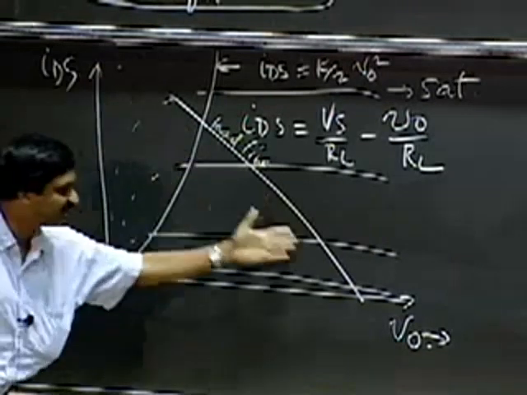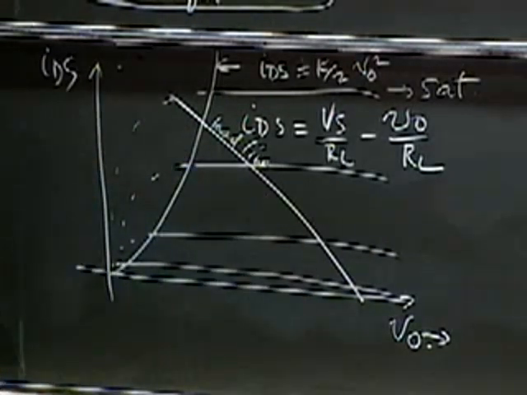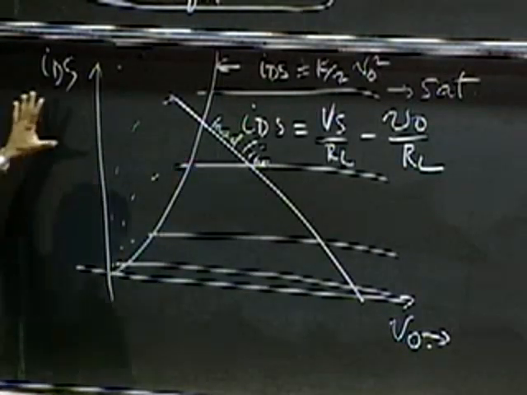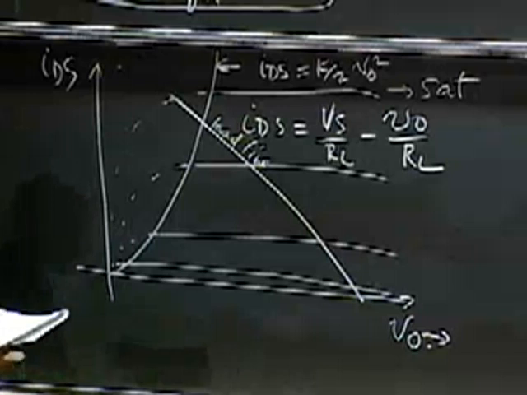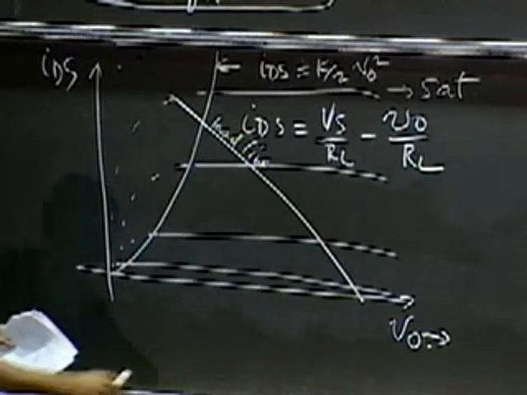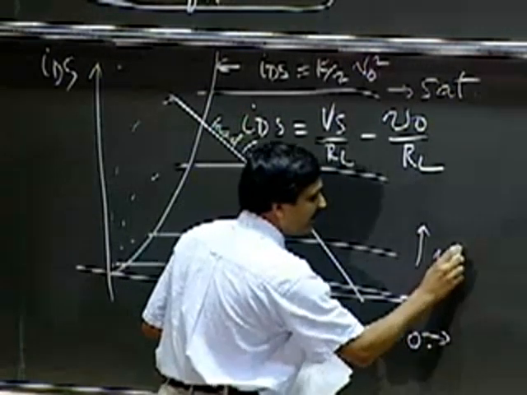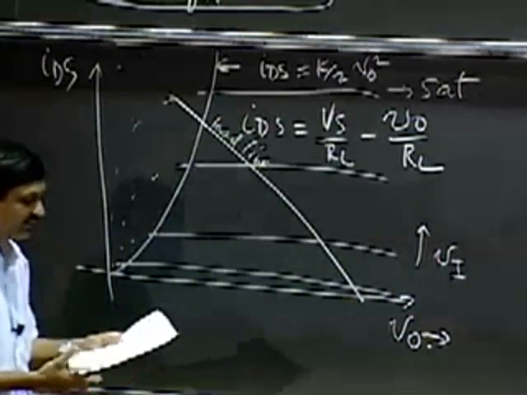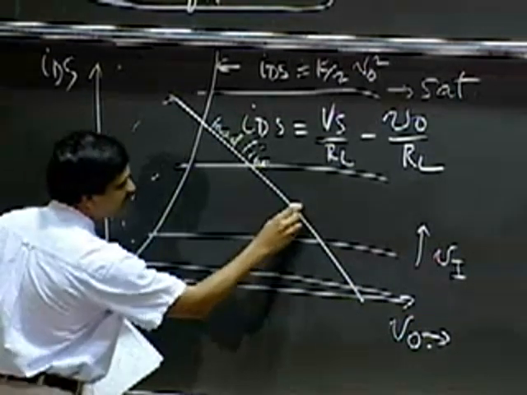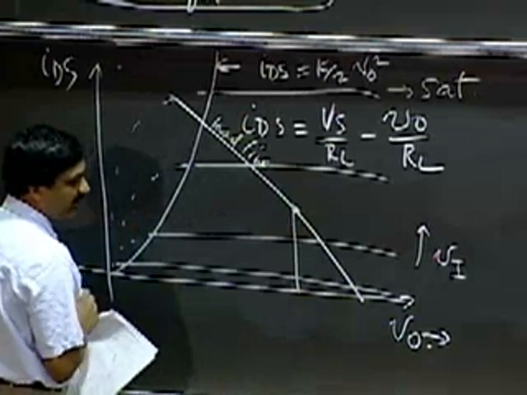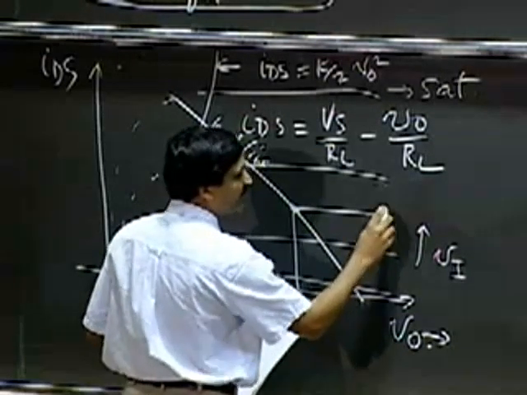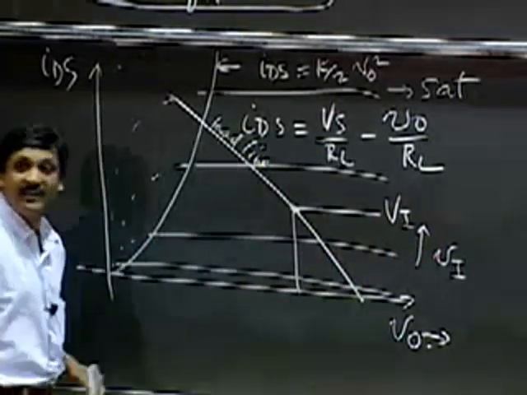Okay, so I superimpose a load line on the device characteristics, and I'm going to show you a little demonstration based on that at this point. So these curves were drawn for increasing values of VI, and if I choose some operating point here, then this point would correspond to some bias.